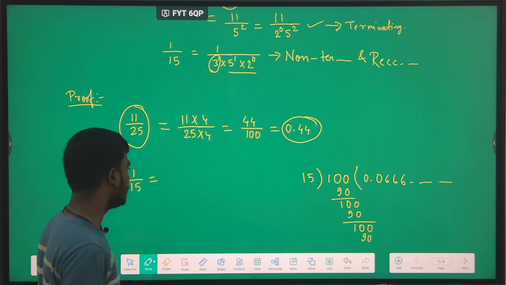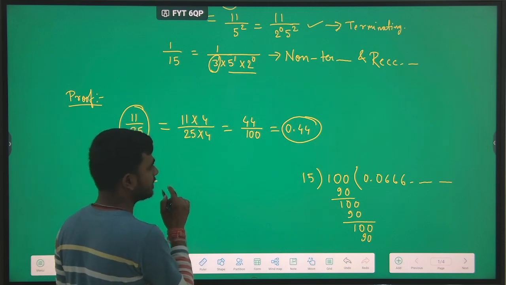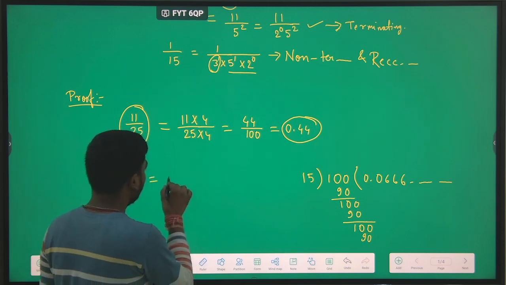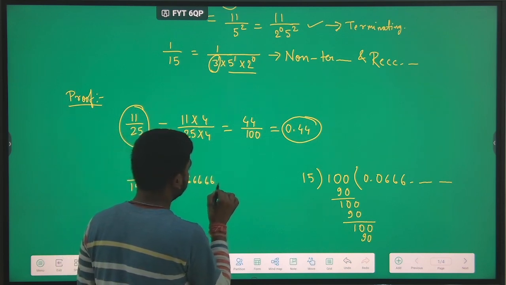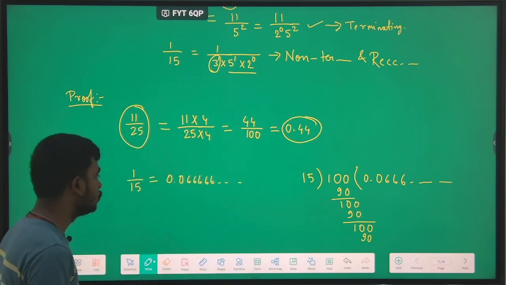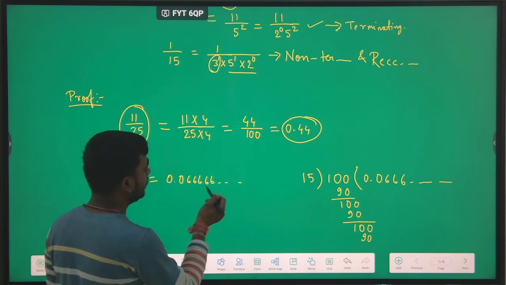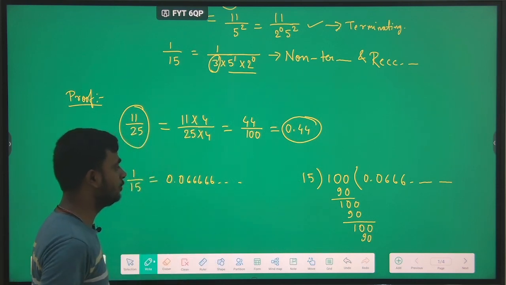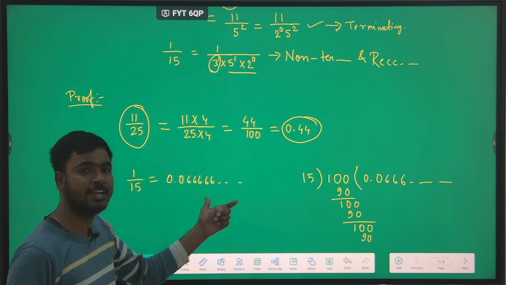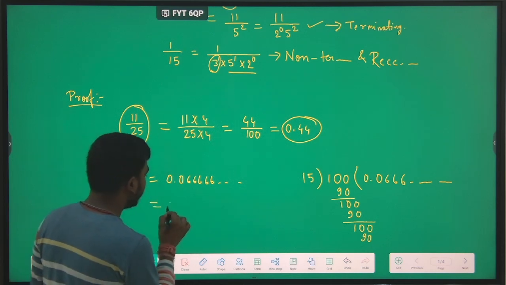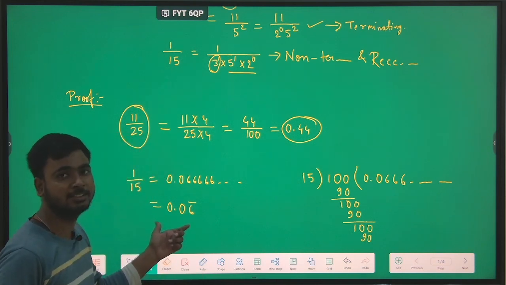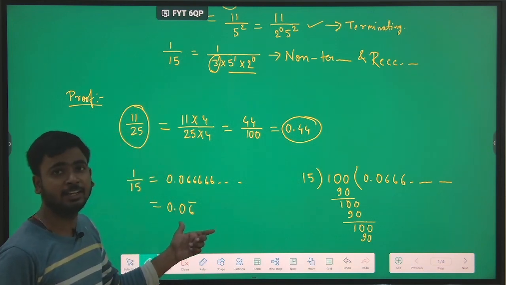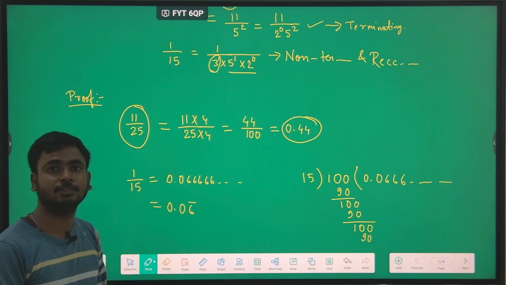So what we are getting, this rational number as 0.066666 continued so on. So this rational number is repeating itself after the 6. So we can say that this rational number has a non-terminating and recurring decimal expansion.